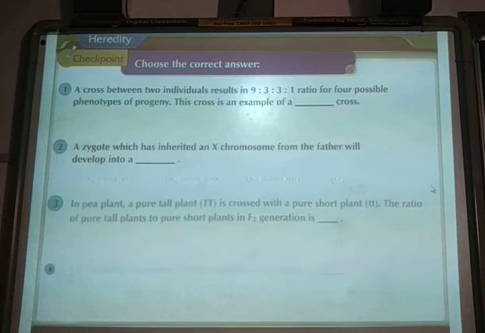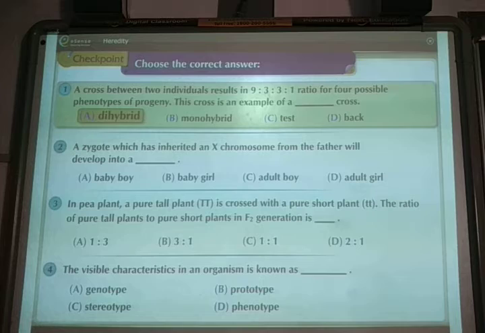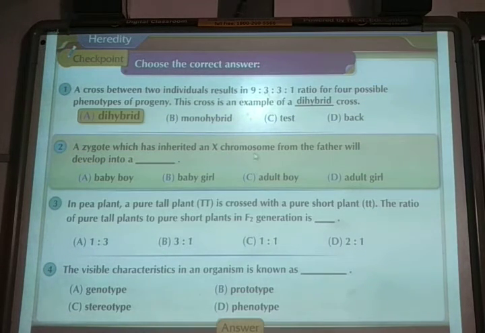Let's do a quick check. A cross between two individuals results in a 9:3:3:1 ratio for four possible phenotypes of progeny. This cross is an example of a dihybrid cross. A zygote which has inherited an X chromosome from the father will develop into a baby girl.